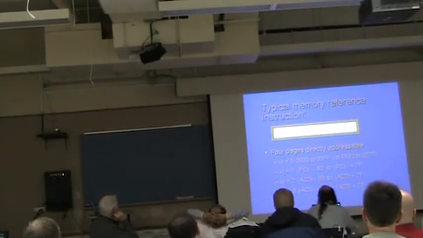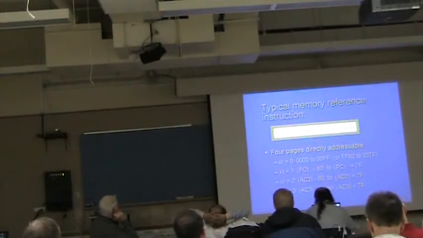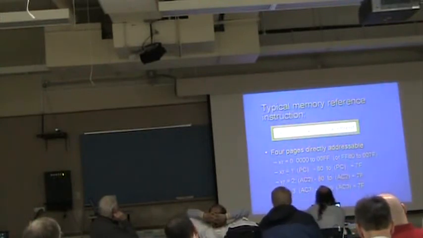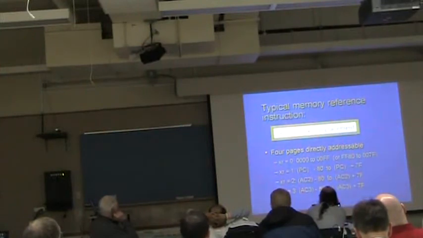You have a 6-bit opcode, a 2-bit field that specifies the address mode, and 8-bit displacement. And that allows you to directly address 4 different pages in memory. If the address mode is 0, then the displacement becomes an absolute address in low memory.